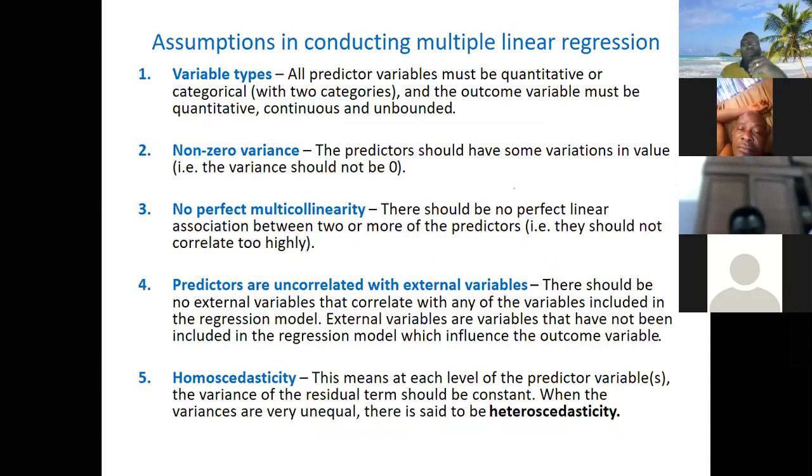Let's talk about the assumptions of conducting multiple regression. Because multiple linear regression, there must be some assumptions. Just like somebody was asking a question yesterday, what is the non-parametric counterpart? You know that linear regression is a parametric analysis, in the sense that there's an assumption that the outcome variable is continuous or unbounded, at least on an interval or ratio scale.